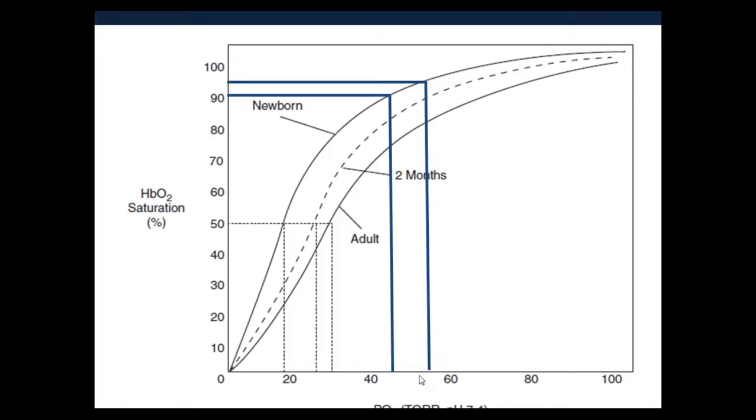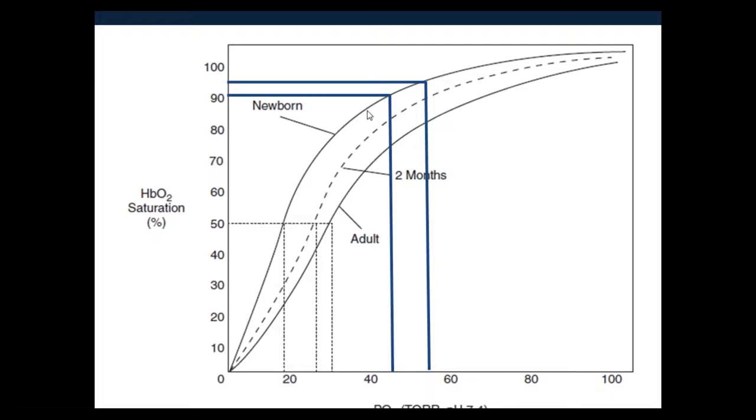And if you have around 55 millimeter mercury of partial pressure of oxygen, now you can have very acceptable oxygen saturation around 95%. This is in case of a newborn before any transfusion of adult hemoglobin.